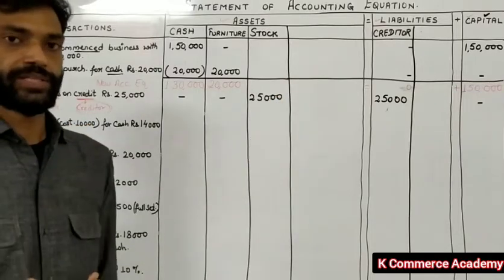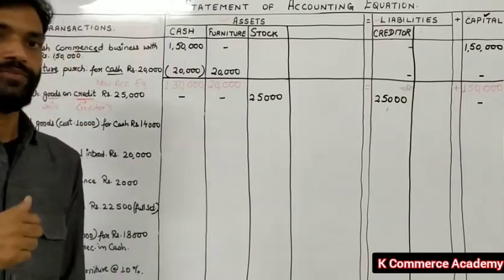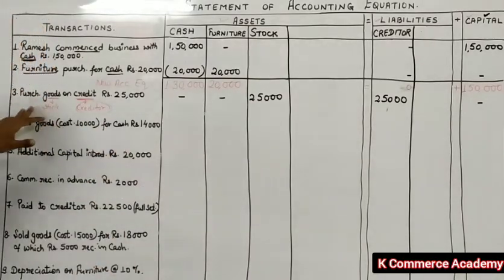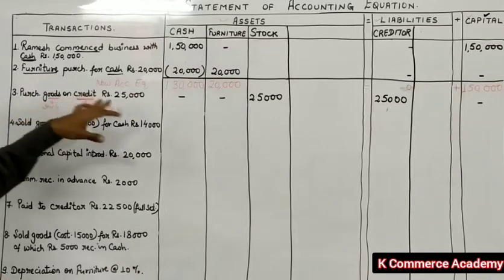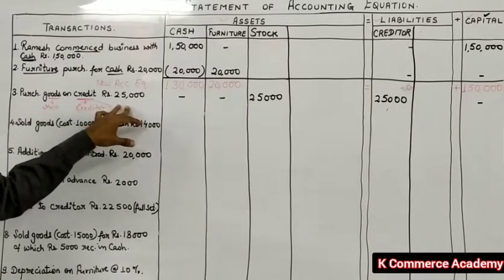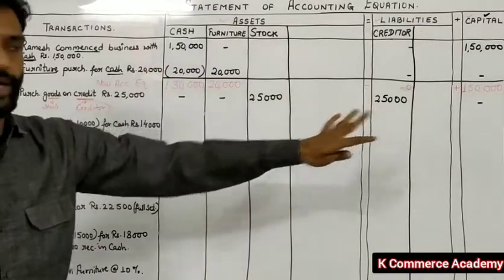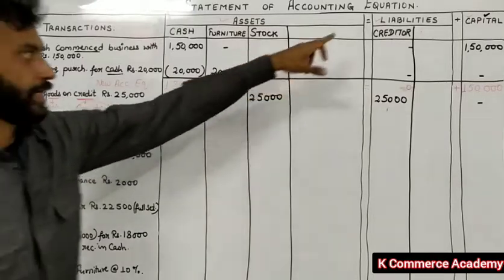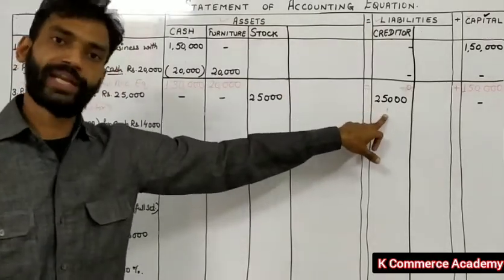So there are fixed 3 items that have to be added to capital, and fixed 3 items that have to be deducted from capital. And this transaction, purchased goods on credit, has given effect to none of these items. So there will not be any change to capital. Only 25,000 will be shown in the column of stock and 25,000 will be shown in the column of creditors.